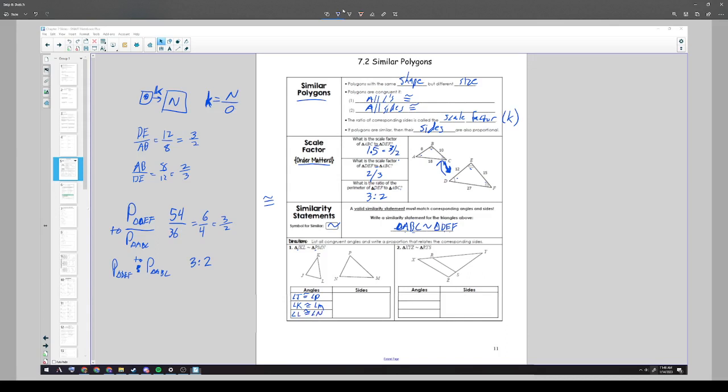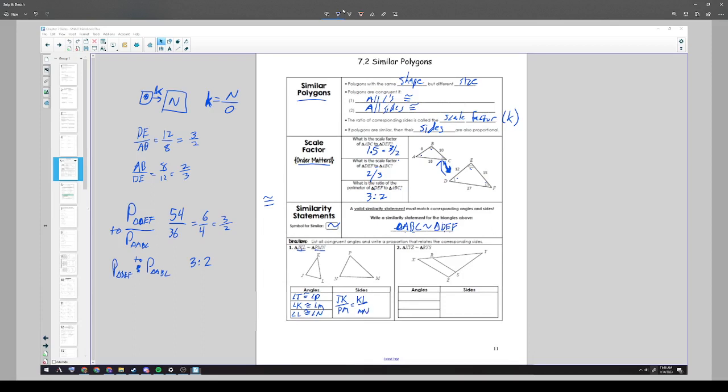Our matching sides are not congruent though, because we have a big shape and a small shape. But they are similar, so that means they're proportional. So we can say that JK is the same length as PM. Sorry, no. The ratio of JK to PM is the same as the ratio of KL to MN.